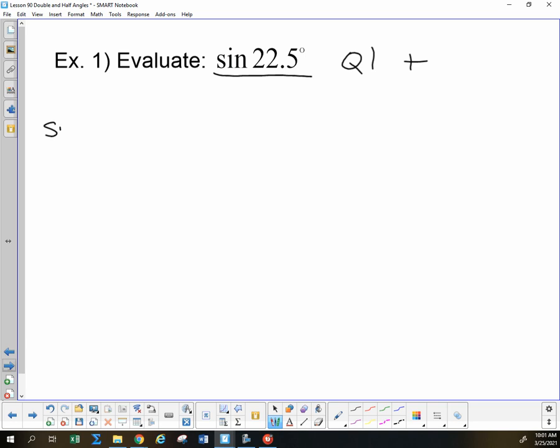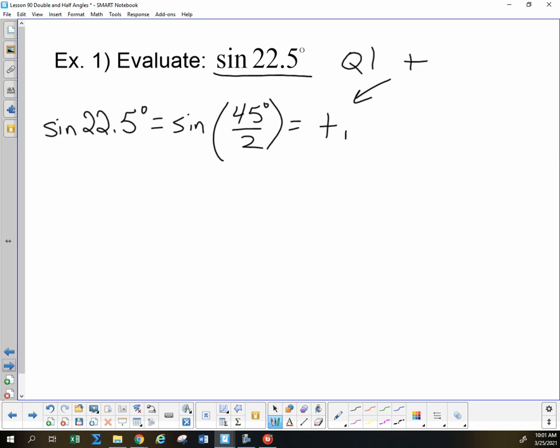So I'm going to say, and you probably do want to copy this down just to help you with that plus or minus at the very end so you don't get yourself confused. 22.5 is the same as half of 45, and I know what 45 is. Because it is Q1, I'm going to pick the positive square root when I do the formula.